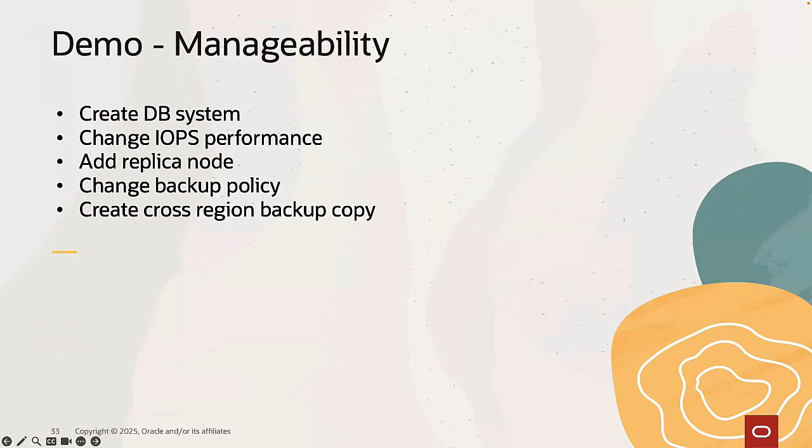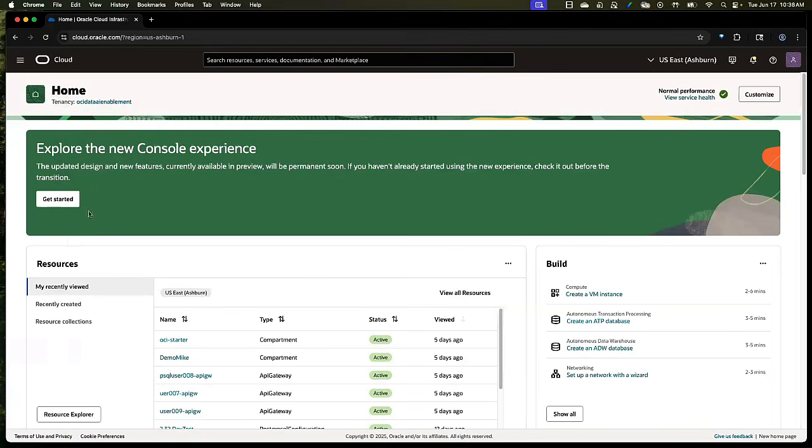So with that, I'm going to give you a firsthand look at some of the simple ways that you can manage a Postgres database, and I'll take you through the steps of how we create a DB system, how we're going to change the performance with IOPS, if you need to add a replica node for high availability, also our backup policy, and if you need to change that. And one of the things that Dev mentioned too is cross-region backup copy, where you can store a copy in a different region. So we'll start here with our OCI console.